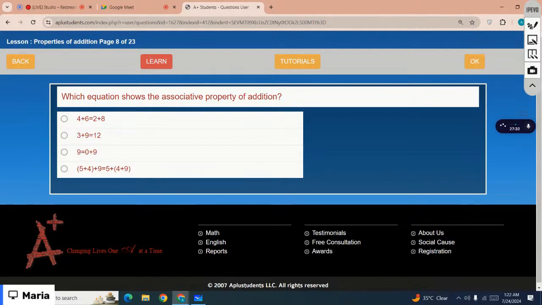Which equation shows the associative property of addition? So which is the correct option?